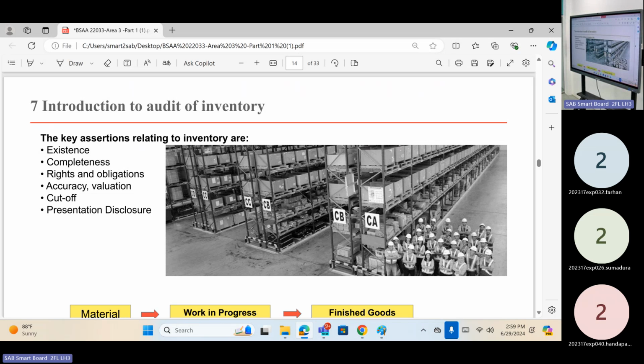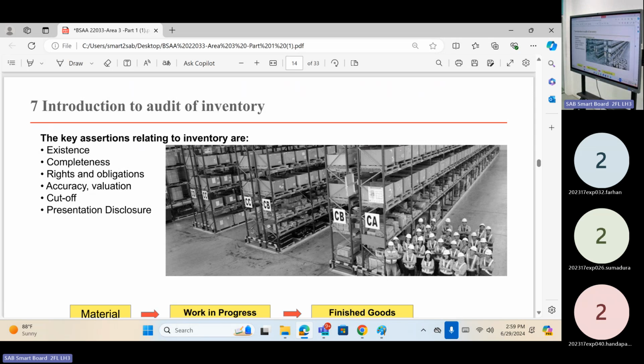Why? Some inventory items are physically available, some are not. Some items we have already purchased are goods in transit. Some items are at the sellers' warehouses, some at the port or the airport, right? Already purchased, so that should be considered as our inventory.